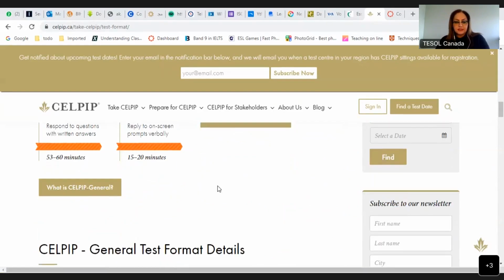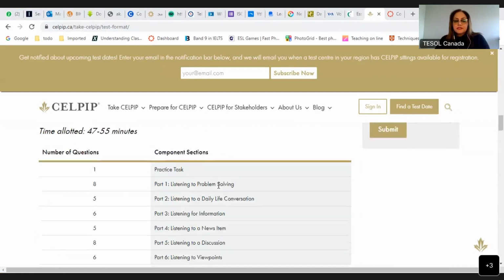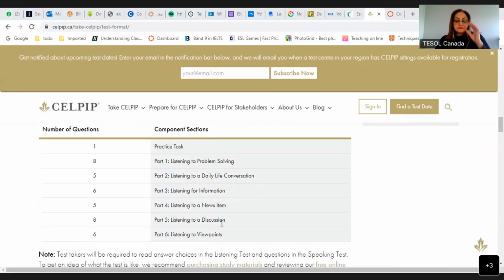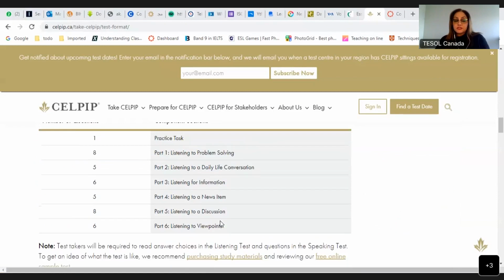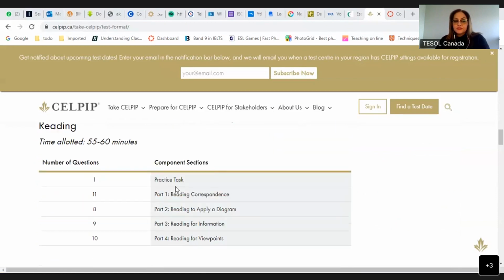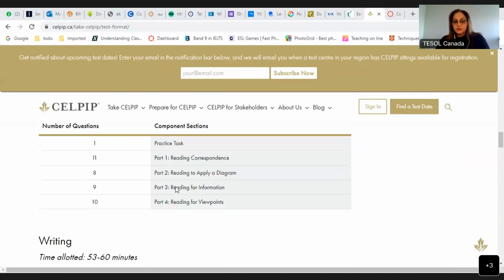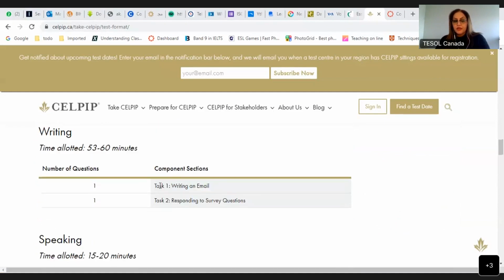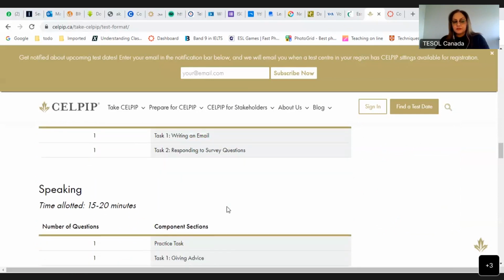Here you can see the different questions in the listening part, and the style of questions in reading, and the writing. In writing, you only have to write an email and respond to a survey.